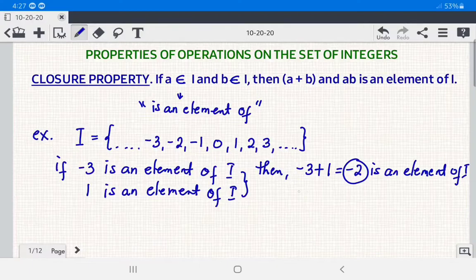And then, we're going to multiply -3 times 1. This is equal to -3. And -3 is also an element of I.